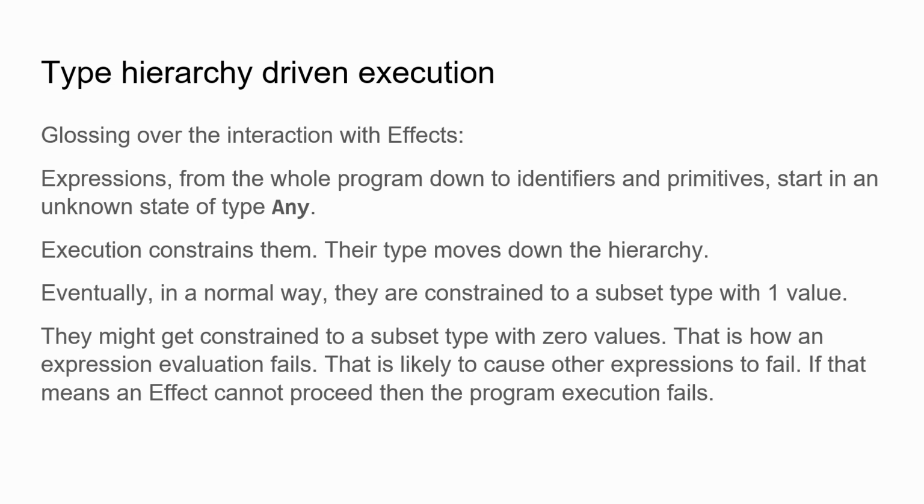So we move it down the hierarchy, and eventually in a normal way we want them constrained to a subset type with just one value. Now they might get constrained to a subset type with 0 values. That's how expression evaluation fails. It's really only if that causes an effect to be unable to proceed that the program execution fails.